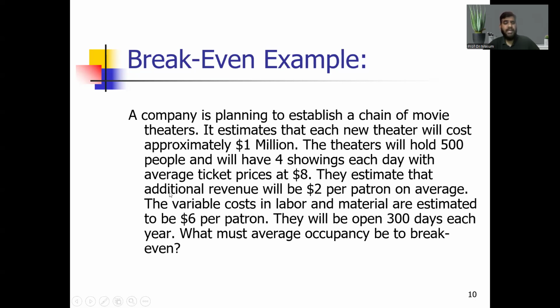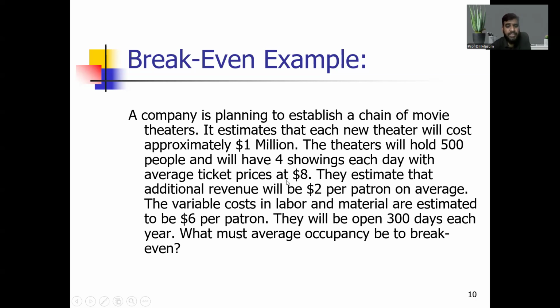They estimate additional revenue: the ticket price is 8, but when they come to your theater, they will also buy coffee, for example. They estimate that additional revenue, meaning selling coffee or some other ancillary products, you will also earn $2 more on average from the customers. So per unit, sales revenue will be 8 plus 2, 10.